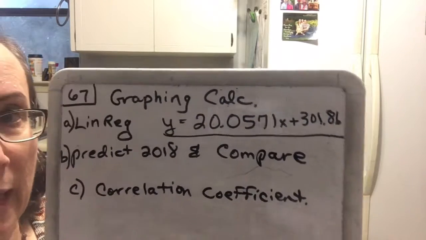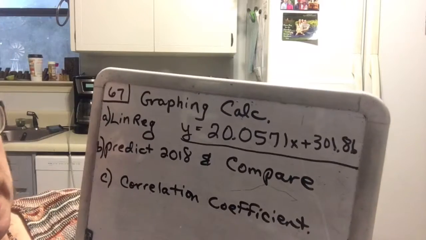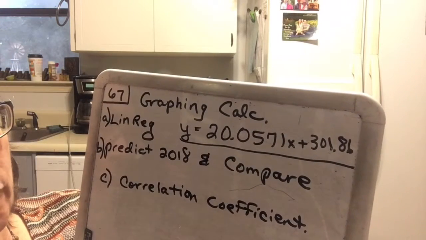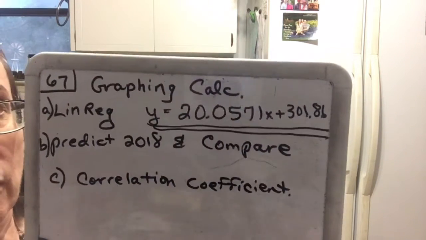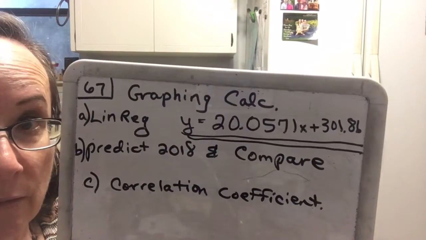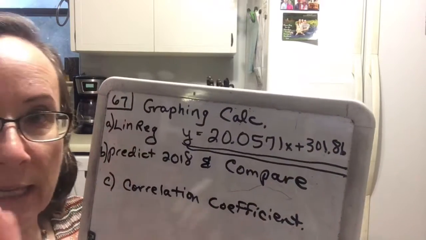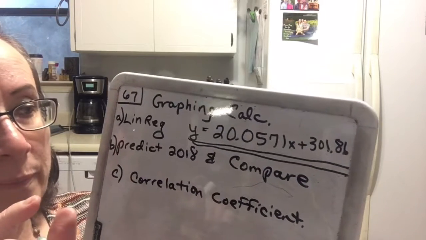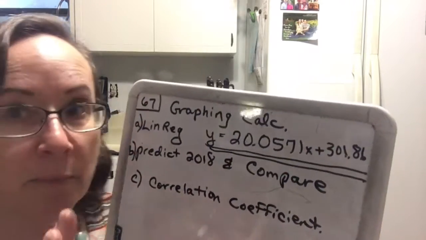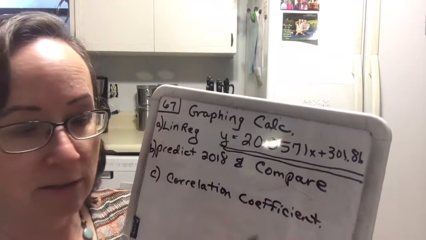So this is called a best fit or least squares regression. If you were a data analyst, you would want to use this line over a line that you created using the points. Because what this Linreg does is it takes the distance between each one of the points to the line and minimizes that distance. So it is the best fit for your data.